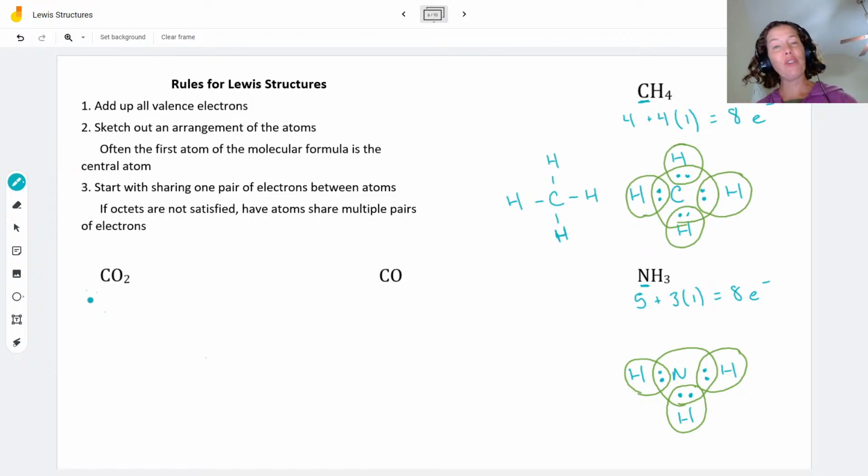Now, this is your first instance of having what's called either a lone pair or a non-bonding pair. I tend to call them lone pairs, but it's the same thing. So you can see now that nitrogen has 8 electrons around it. Its octet is satisfied. We've also used the 8 electrons that we have, which is something that's critical as well. So this is our valid Lewis structure.